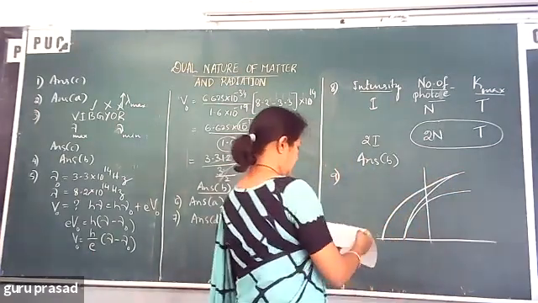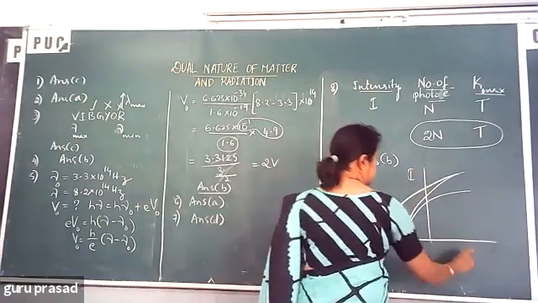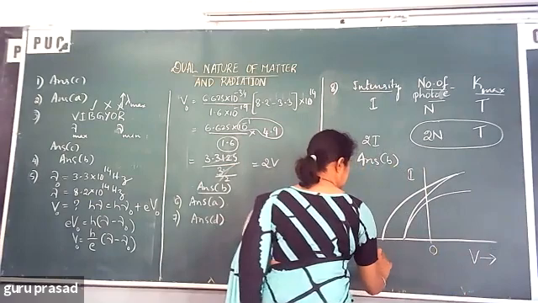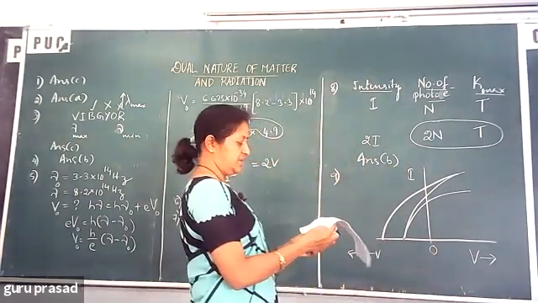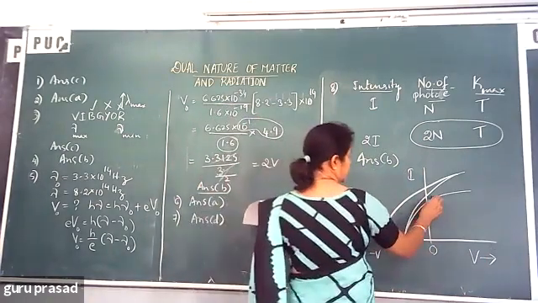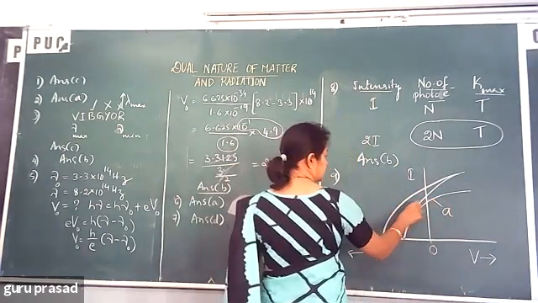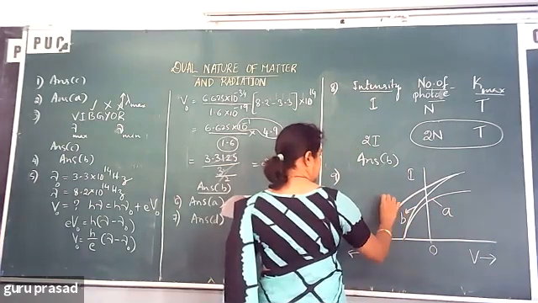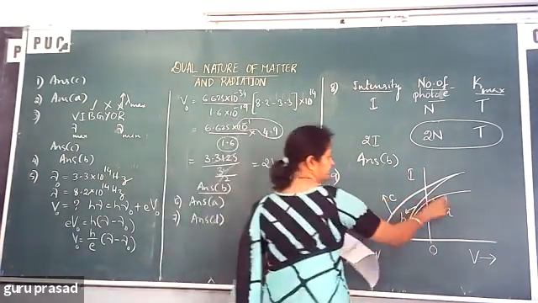Like this, this is current, photoelectric current. This is positive anode potential, and this is negative anode potential. They named the curves like this: this is A, this is B, and this one is C.